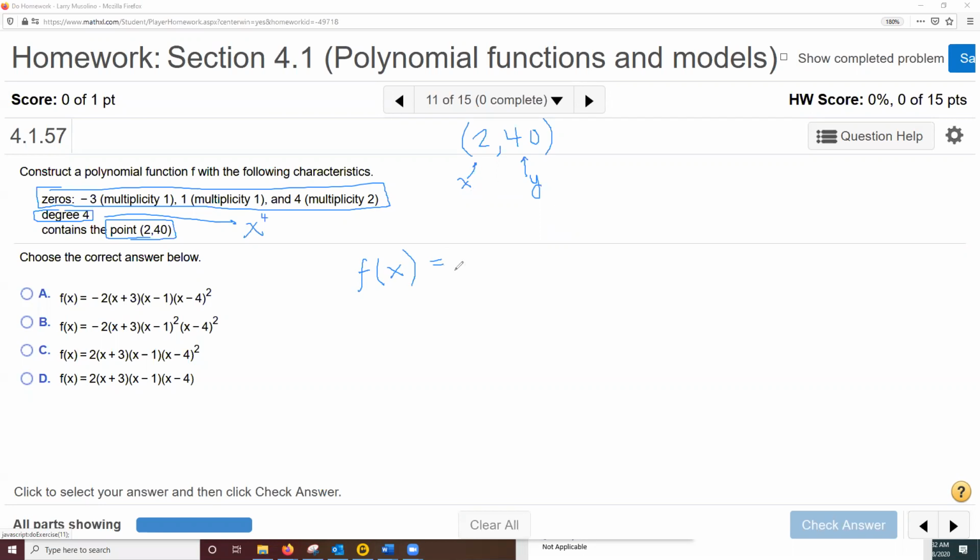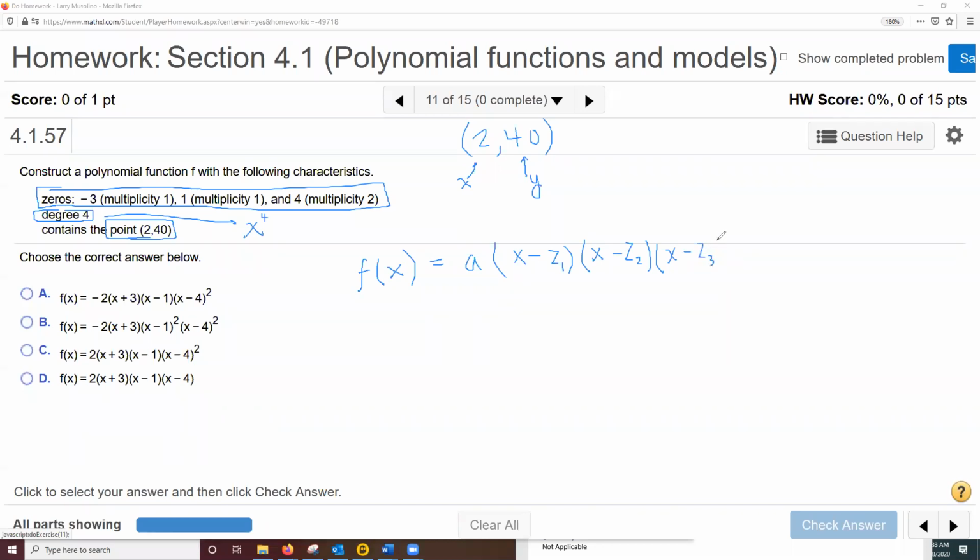So let me write this as a times x minus z sub 1 for the first 0, z sub 2. Remember, these are going to be each one of the zeros. And I know to put 4 parentheses here because they told me this function is degree 4.